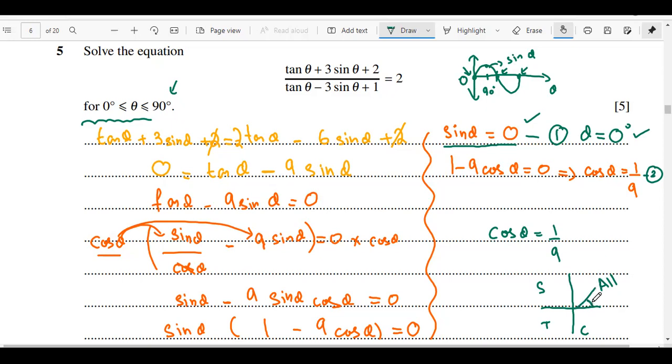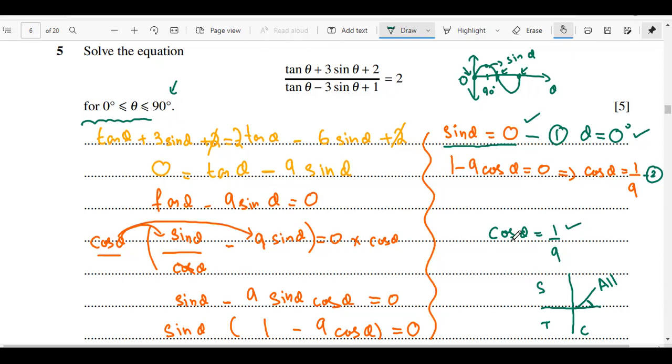You can calculate that directly: cos inverse 1 by 9. And please be careful, the mode of your calculator should be in degrees because the range is in degrees.